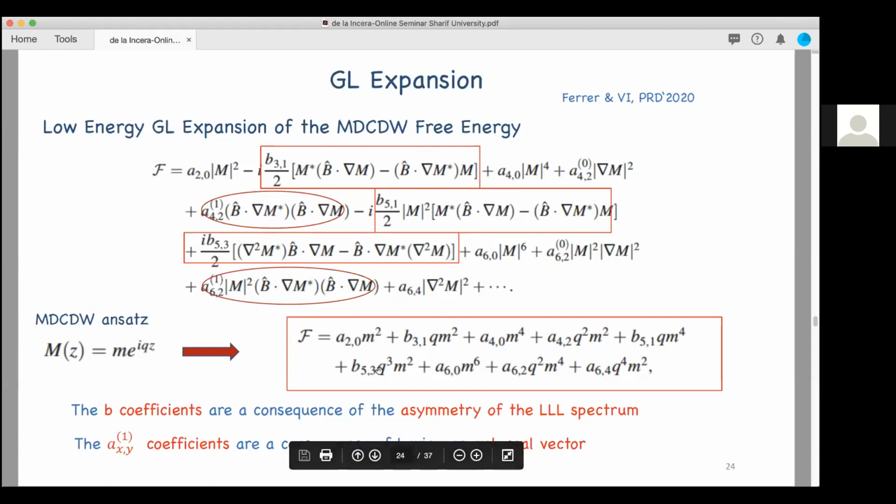Q is the modulation, right? And in order for these terms to exist, the only way you can find terms like this is if you have the asymmetry in the lowest Landau level spectrum. Because this term being odd in Q, if you change Q to minus Q, this term is not invariant.